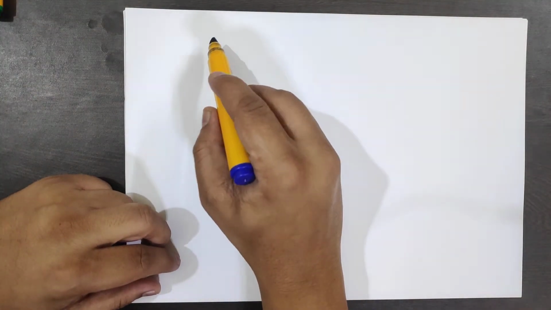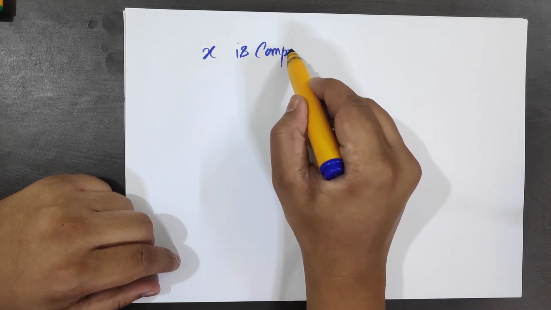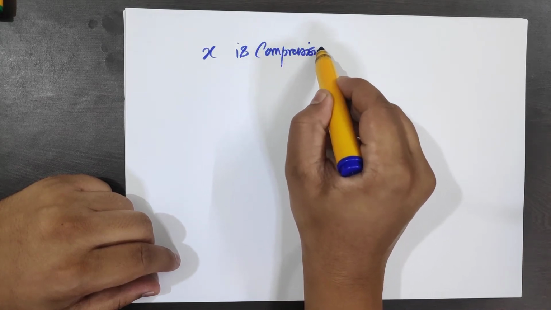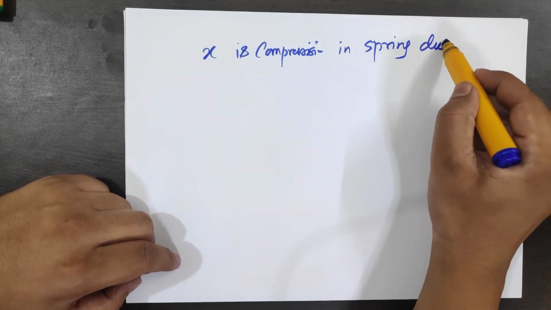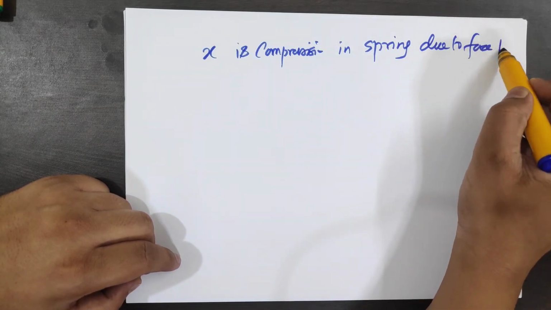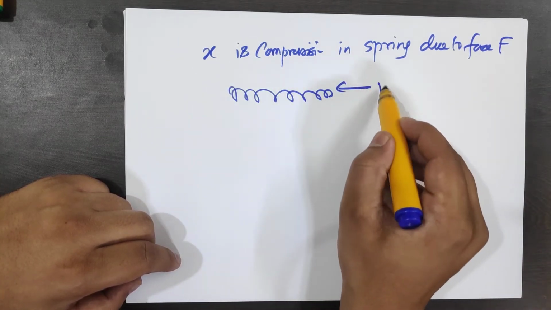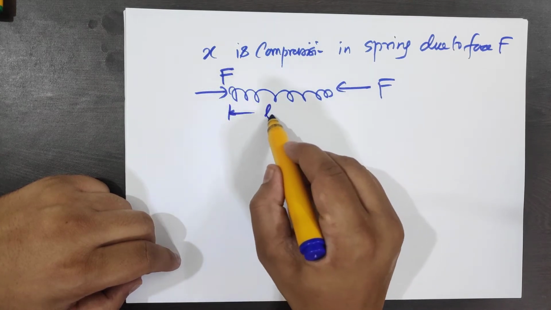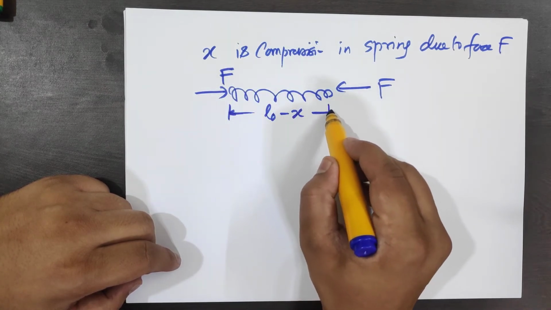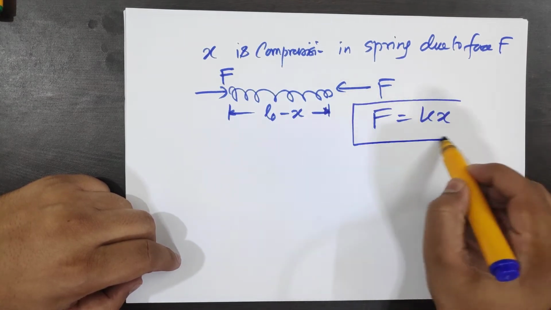However, this was the stretching force. Now similarly, x is compression in the spring due to force F. So this is how the spring is compressed. Again F is a force from both directions, so the length happens to be L naught, the natural length, minus x. Then also F is equal to Kx, the same thing.